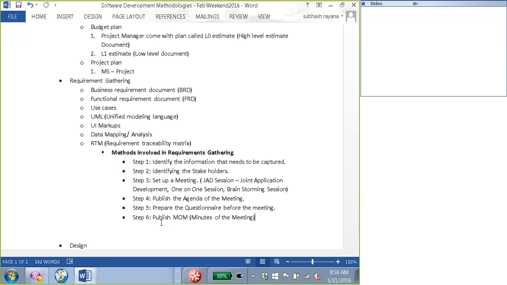Yeah, Rohil, go ahead. Thanks. Just a quick question. How would you document an unresolved conflict between two stakeholders in the minutes of the meeting?